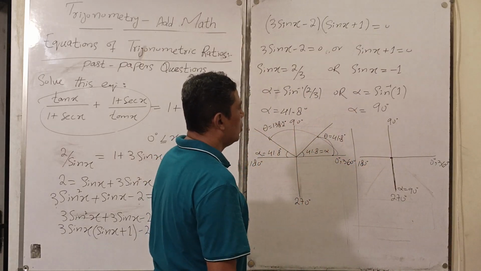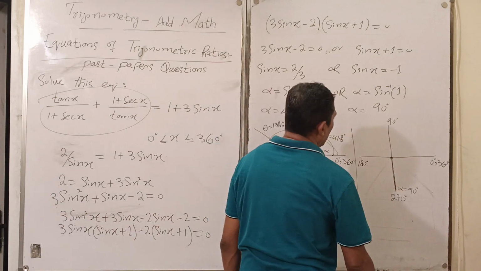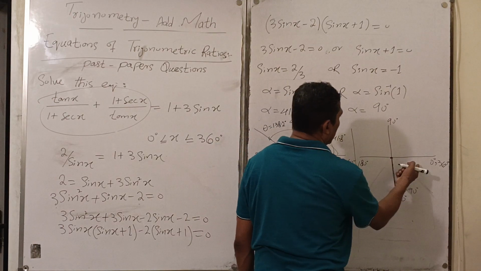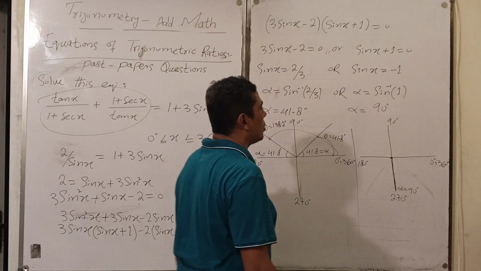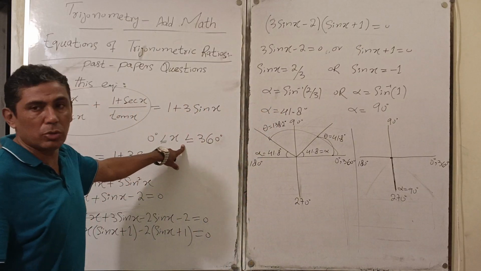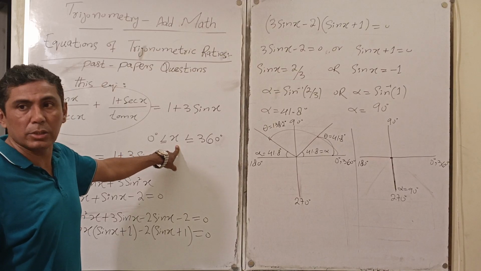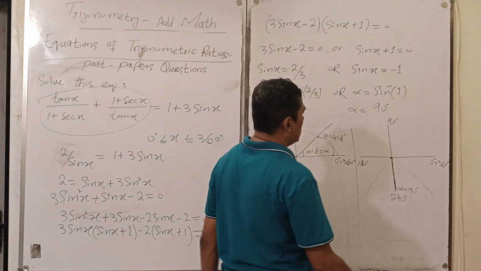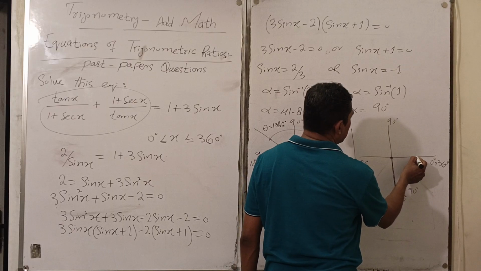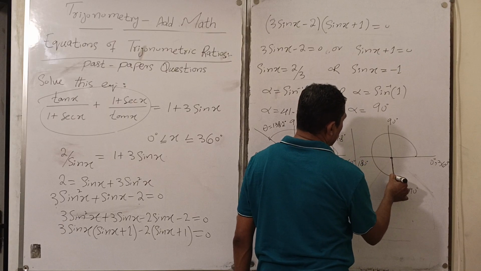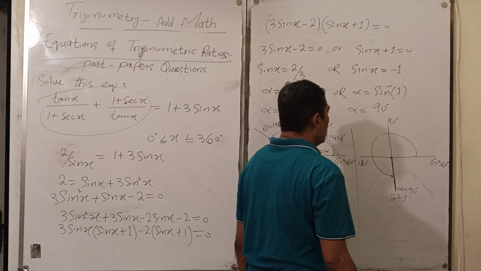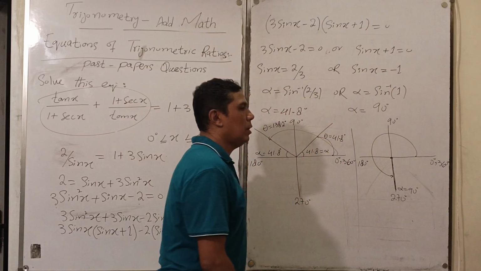Clear? In the first case, again you will have clockwise or anti-clockwise movement according to your range. Clockwise, anti-clockwise. So what about the value of alpha?